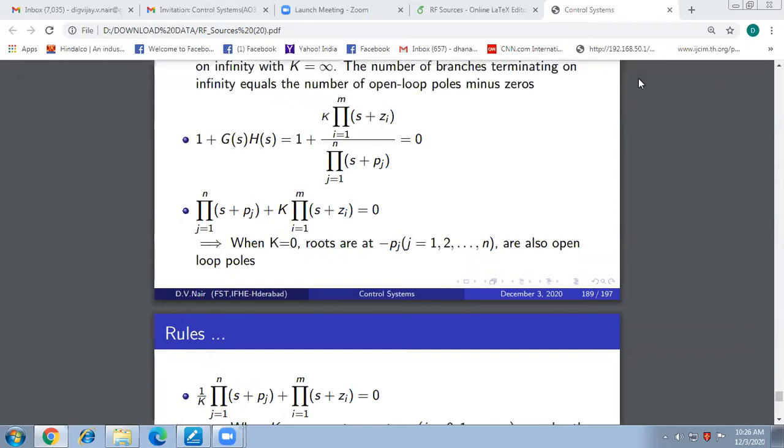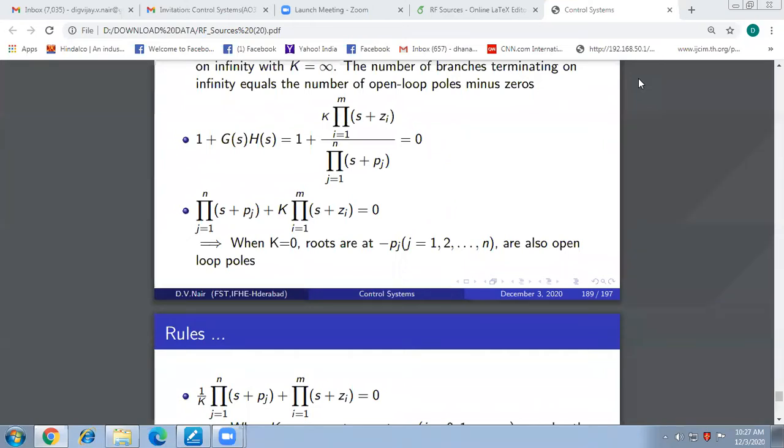Basically, we make use of the open loop transfer function G(s)H(s) to get closed loop poles. To plot all possible locations of roots of the characteristic equation of the closed loop system, or closed loop poles, or eigenvalues of the closed loop system.